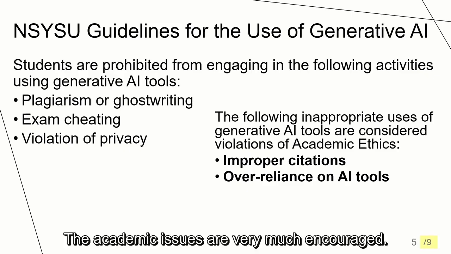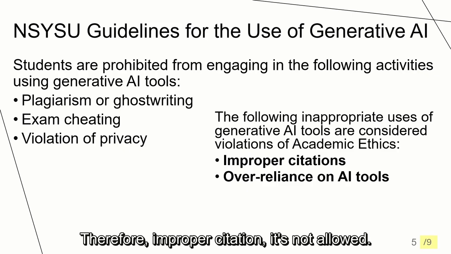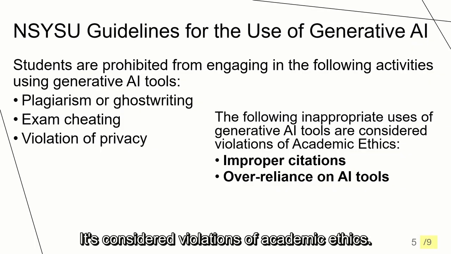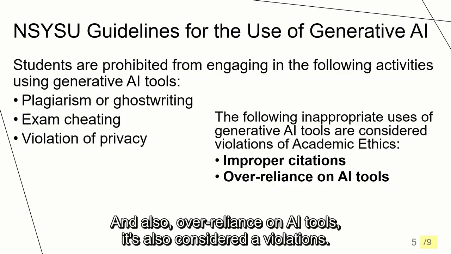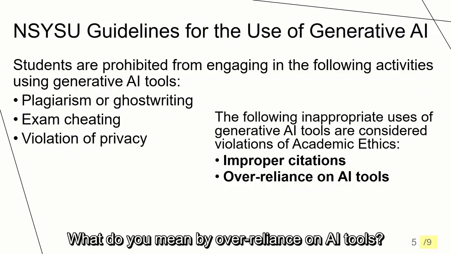The academic issues are very much emphasized. Therefore, inappropriate citation is not allowed. It's considered a violation of academic ethics. And also, over-reliance on AI tools is considered a violation. What do you mean by over-reliance on AI tools?